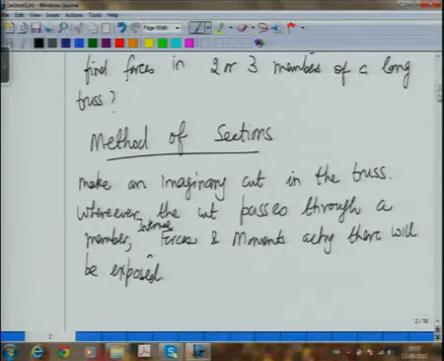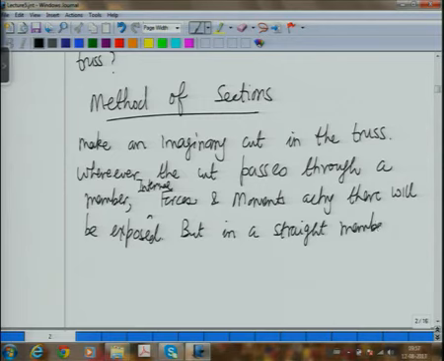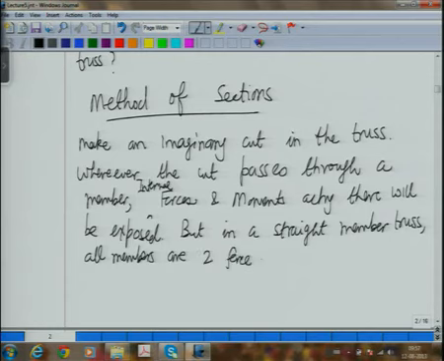In general, this is what should be exposed, but in a straight member truss, all members are two force members.